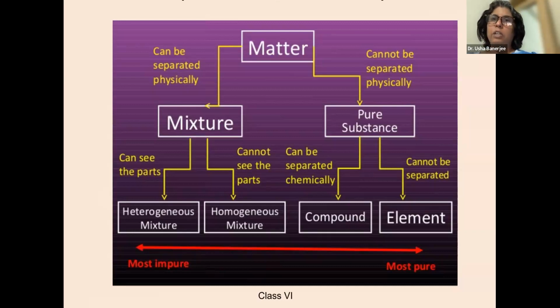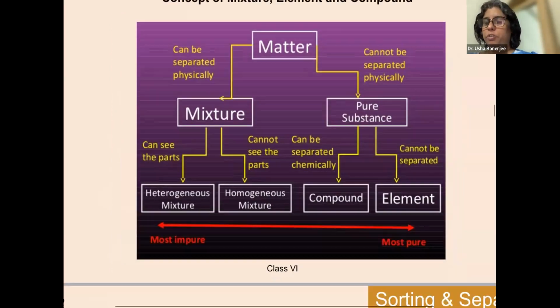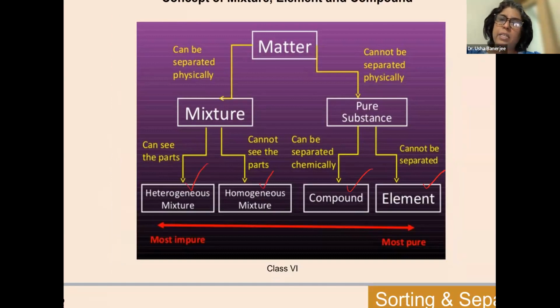That's correct. Now this is one diagram which has almost everything of chemistry in it. So in the classes, we will do what is atom, what is matter, what is molecule, what is a mixture, what is a pure substance, what is a compound, what is an element, homogeneous mixture, heterogeneous mixture. The best example is all of you have Cadbury gems, right?